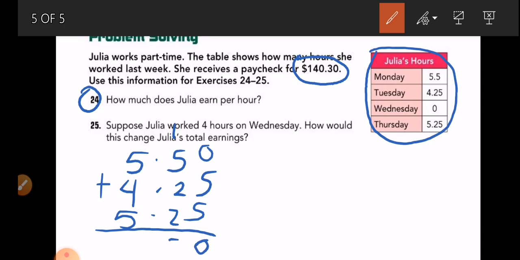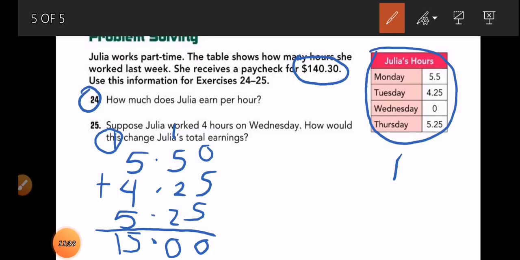And 2, also 10. Put my decimal down. Then 1 and 5 will give me 6. 6 and 4, 10. 10 and 5, 15. So the total number of hours is what?